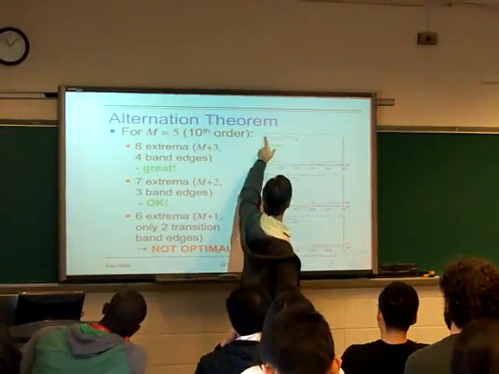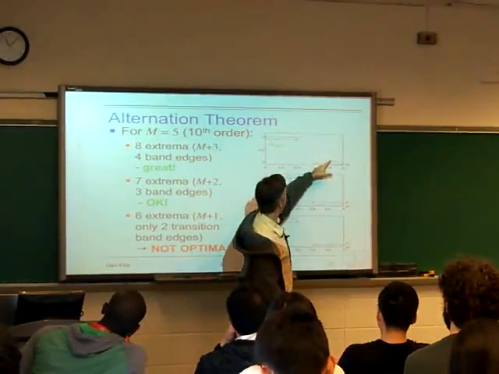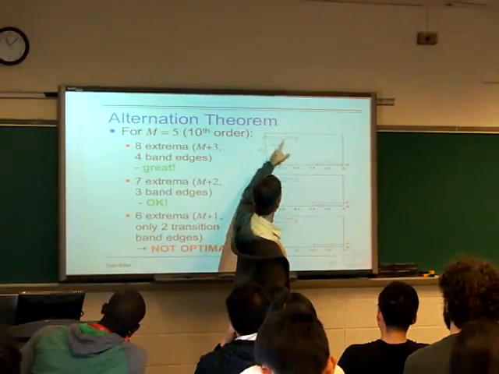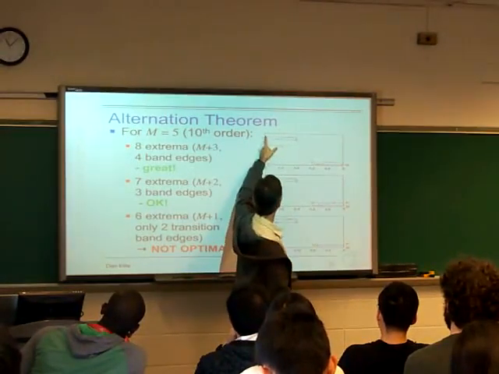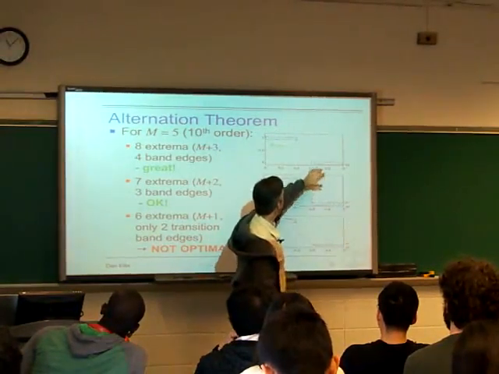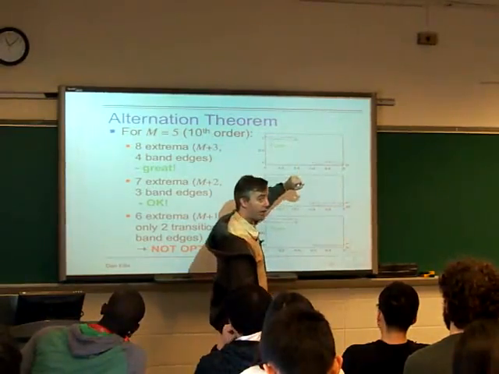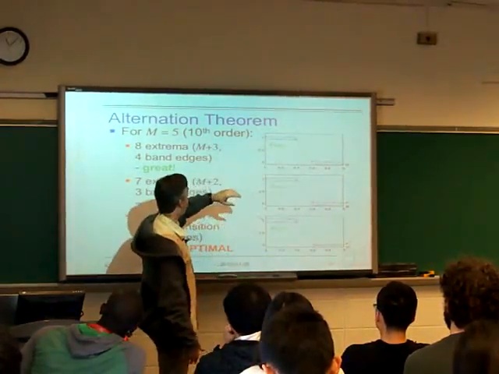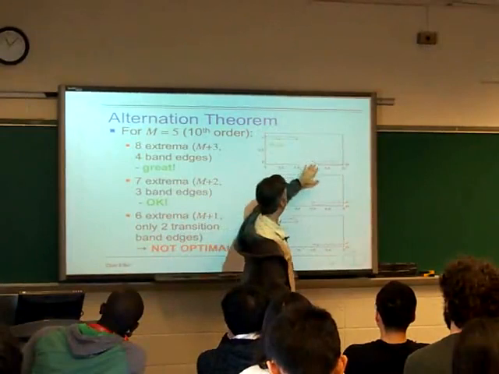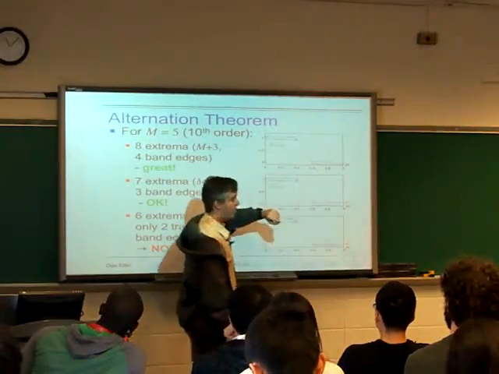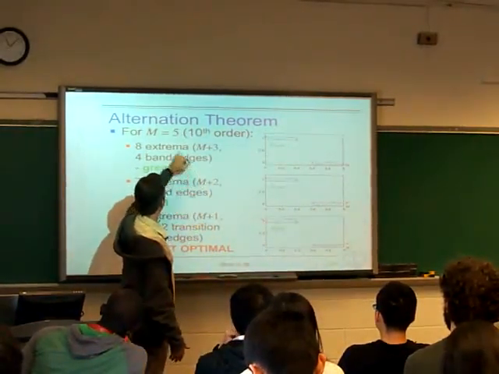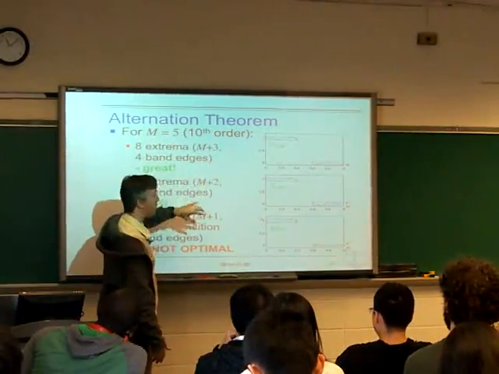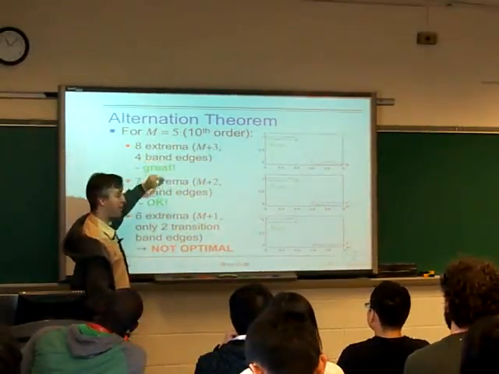And then we've got these 4 extrema in here, and then we've got the 2 band edge extrema and then 2 extreme frequencies. They're all touching the edge of our error bound, and so we have a total of 1, 2, 3, 4, 5, 6, 7, 8 extrema, which is m plus 3, more than we need, so this is definitely an optimal filter.